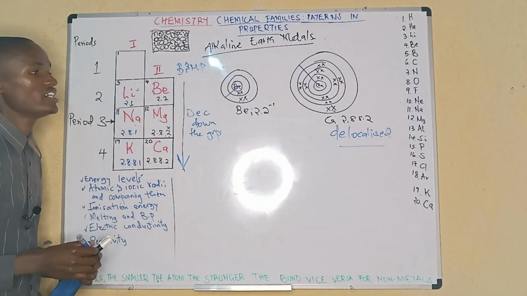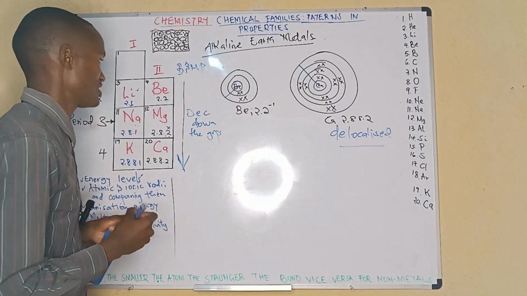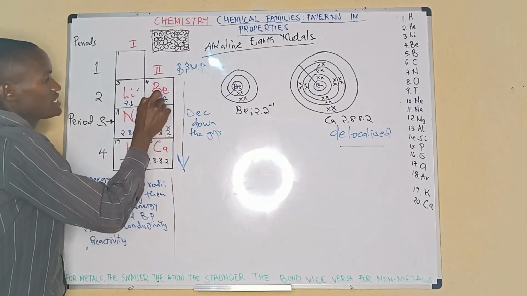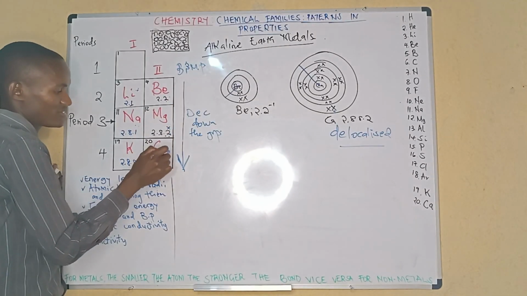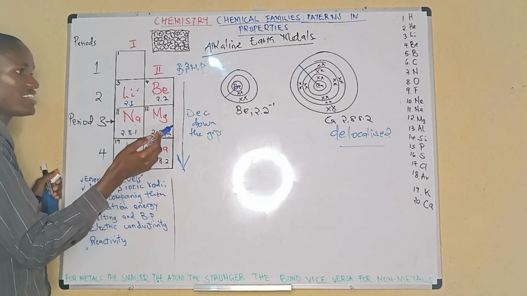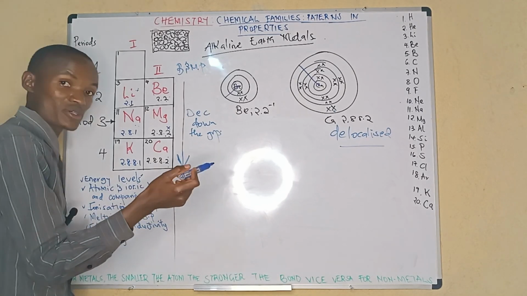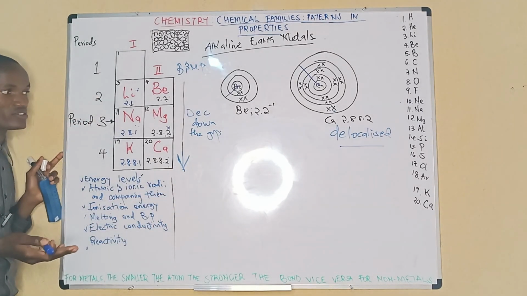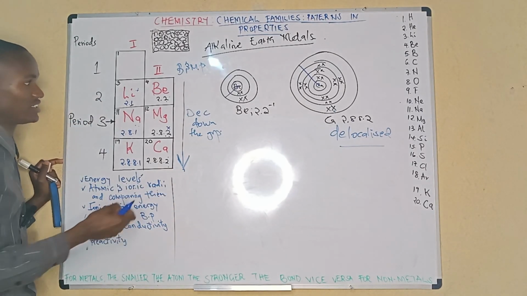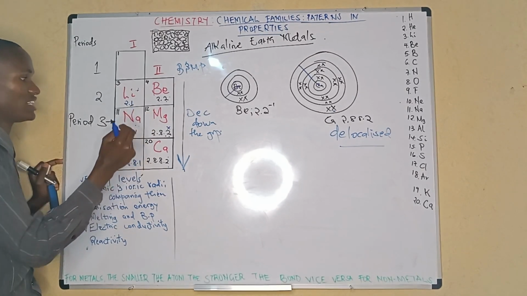Each of these elements has two delocalized electrons, and they are metals. All metals conduct electricity, so they are all good conductors of electricity.